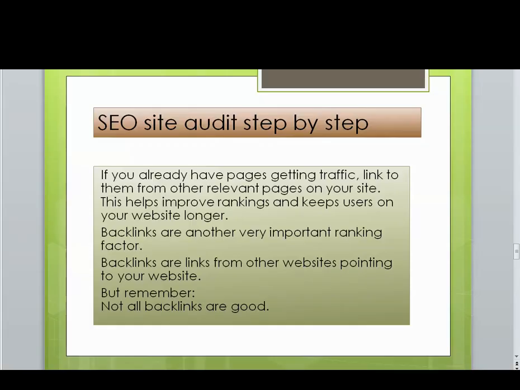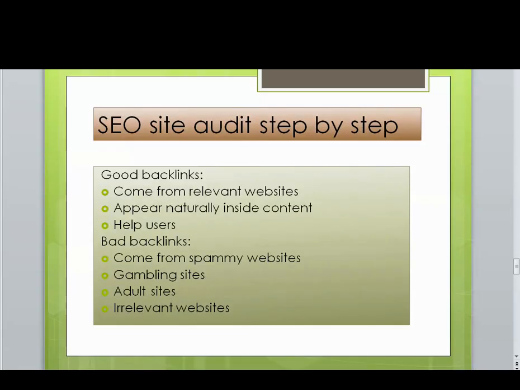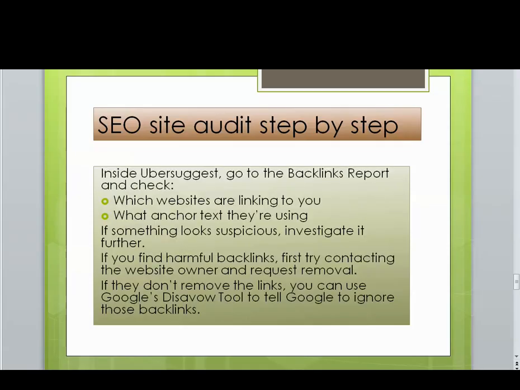Backlinks are another very important ranking factor. Backlinks are links from other websites pointing to your website. But remember, not all backlinks are good. Good backlinks come from relevant websites and appear naturally inside content. Bad backlinks come from spammy websites, gambling sites, adult sites, irrelevant websites.